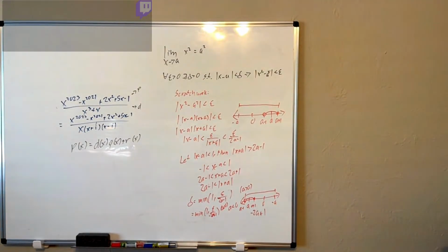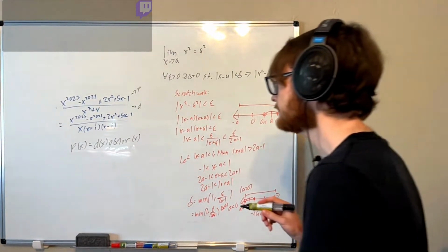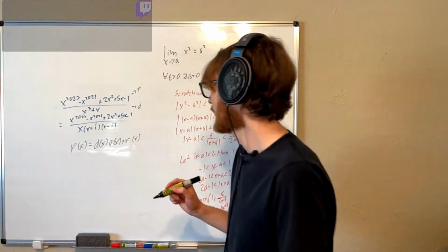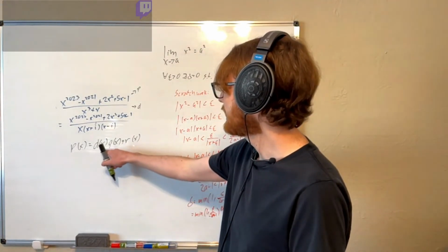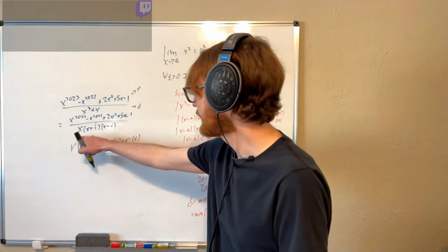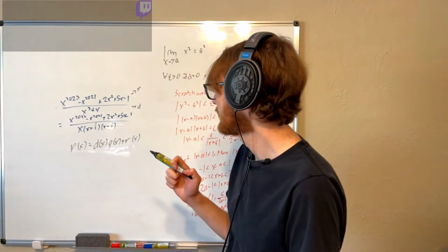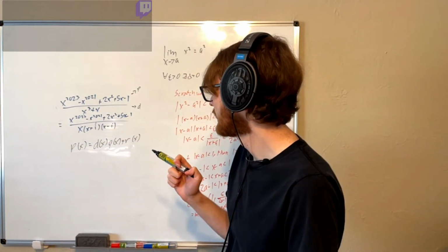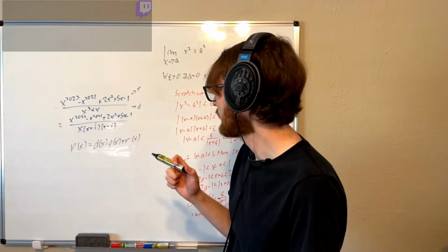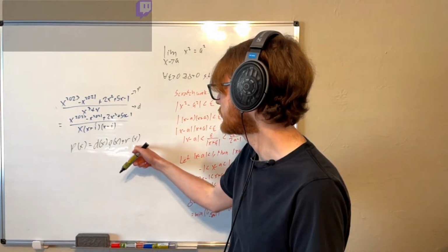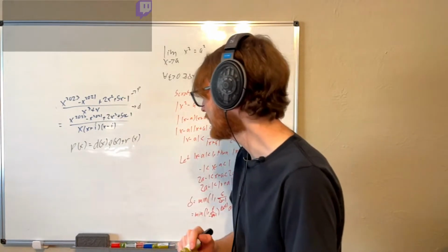And then we know that D is equal to 0 when X equals 0, I, or negative I. And we know that R is just, is it going to be a degree 2 polynomial?